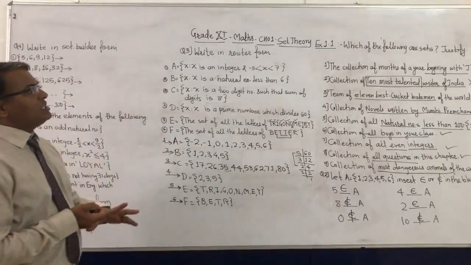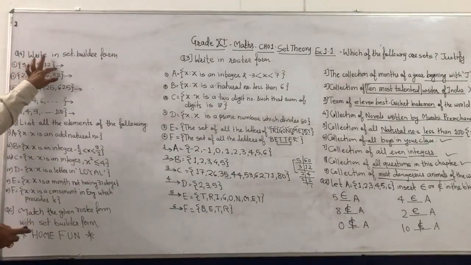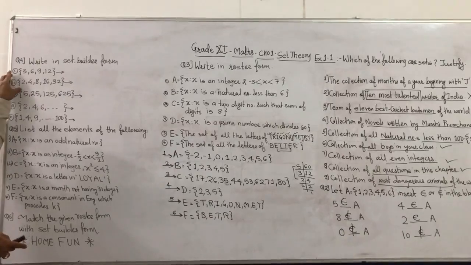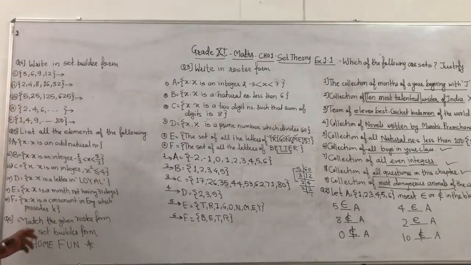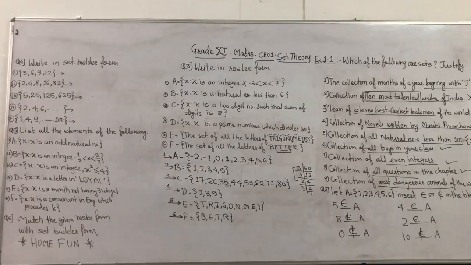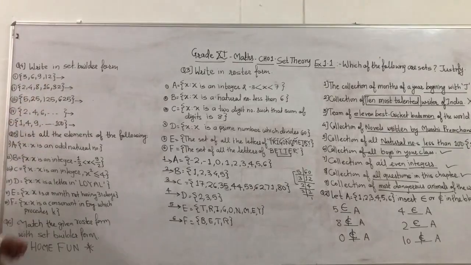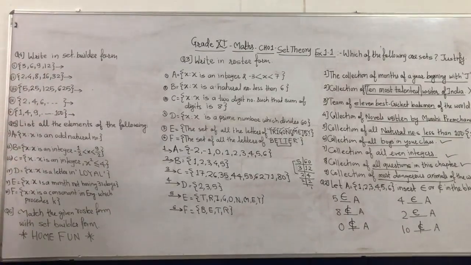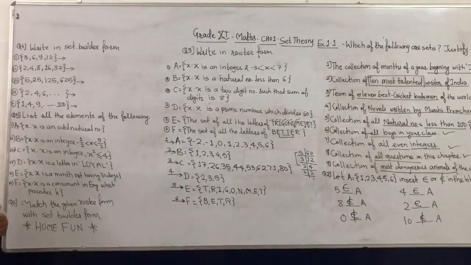Now the next question is the opposite of this one. Write in set builder form. Now these are written in roster form, where every element is written separated by a comma. So let's see the answer for that. Directly here only I am doing. It is 3, 6, 9 and 12 written in roster form. We have to go ahead with the set builder form. We need to identify the property.